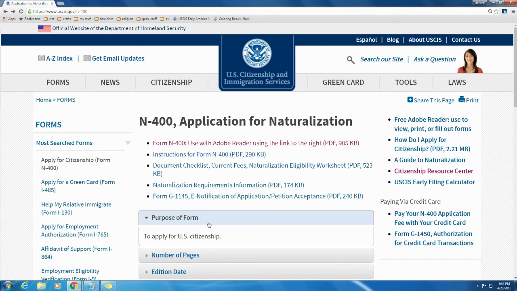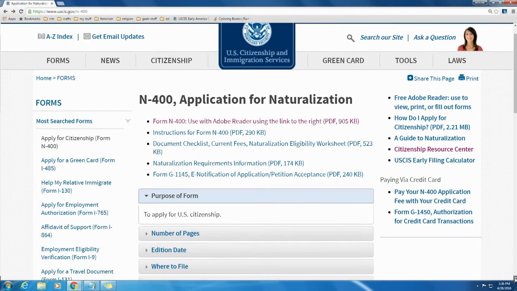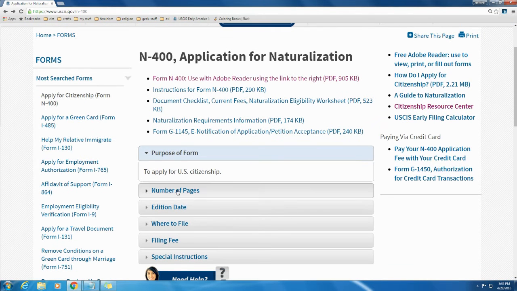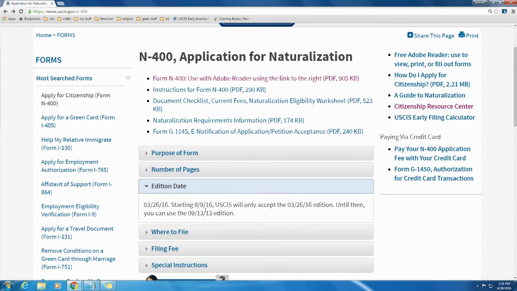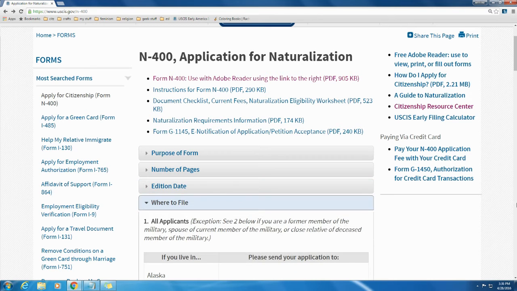It describes the purpose of the N400. It's to apply for U.S. citizenship. Of course, we know that it's 20 pages. We know that it started in March and it was released on April the 13th. It describes here where to file.